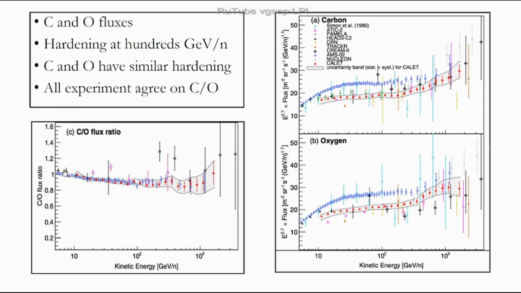A better agreement is obtained when we compare the ratio between carbon and oxygen. This again accounts for the fact that all experiments agree on the spectral shapes, and that the differences between all these data are only due to the calibration of the energy scale.